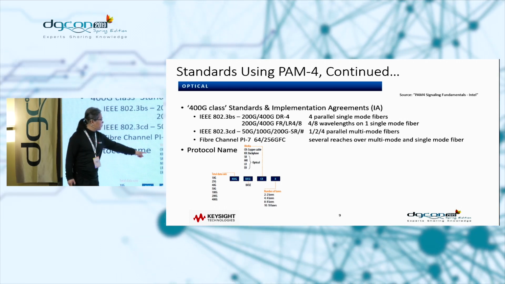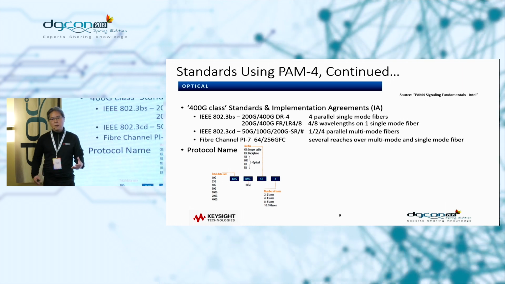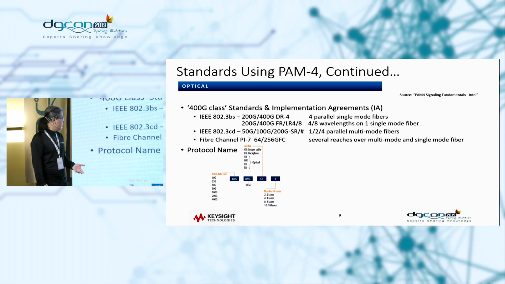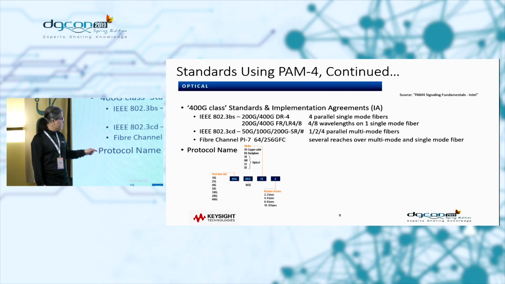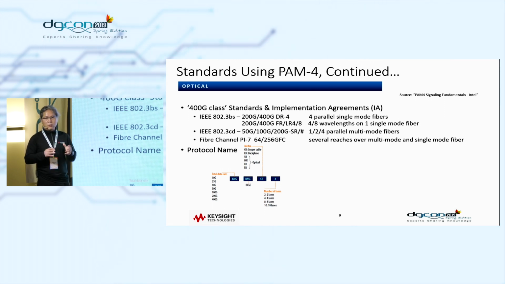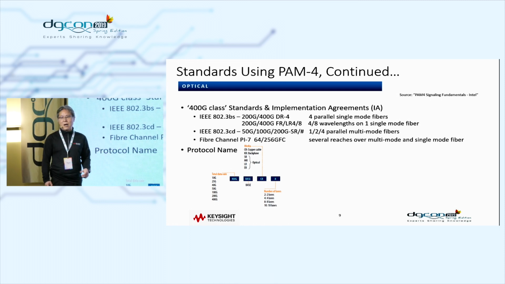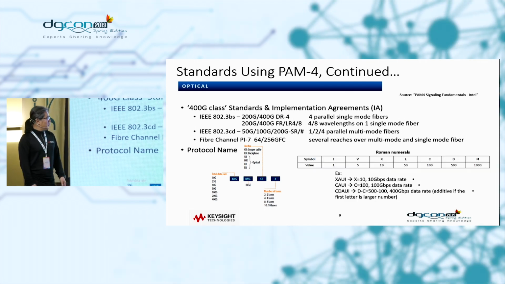If somebody is putting the KR, then that means basically the backplane for the media. And SR, MR, LR, or ER are all about the optical communications. And the last number would be how many lanes are used for that specific standard.